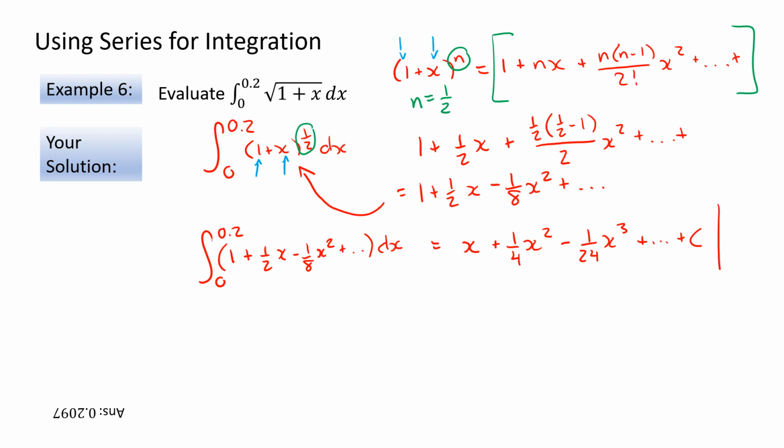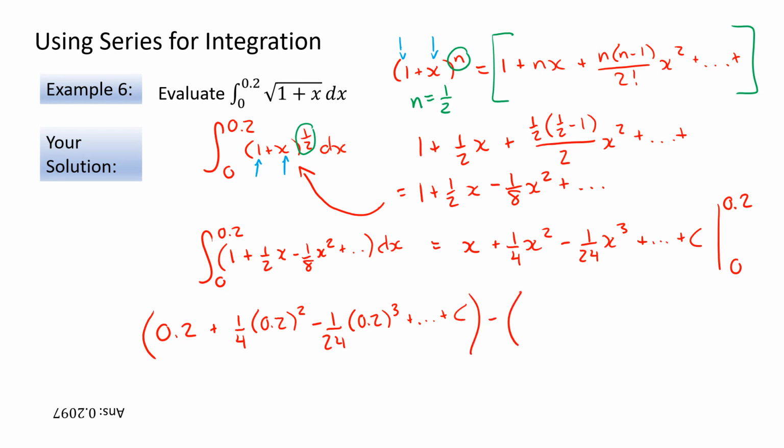And that is evaluated at both 0.2 and 0. If we do that, we get 0.2 plus 1 over 4 times 0.2 squared minus 1 over 24 times 0.2 cubed, and then plus the remaining terms in a constant, minus, okay, now everything evaluated at 0.